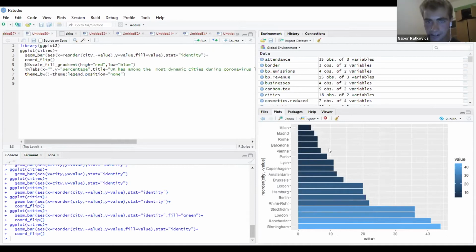So you see, now we have the data sorted, and we see that the cities that were following lockdown rules are colored with this dark blue shade, whereas cities that were a little bit more lenient and didn't really stay at home, have a light blue shade. But to improve this even further, for me, colors always have a secondary meaning.